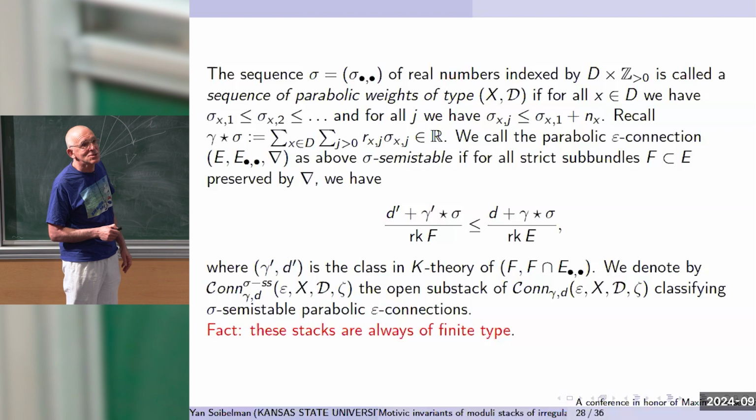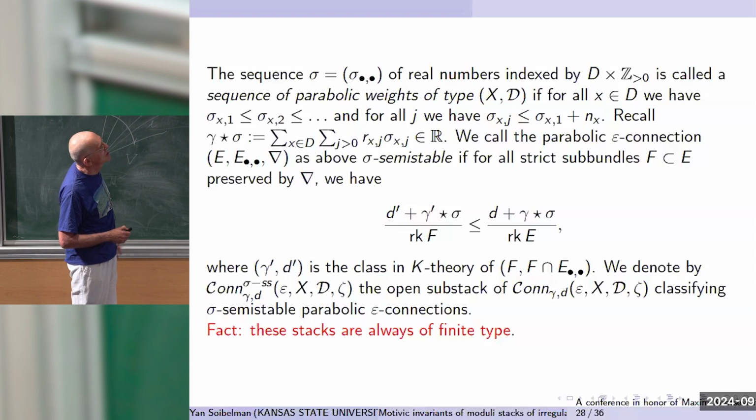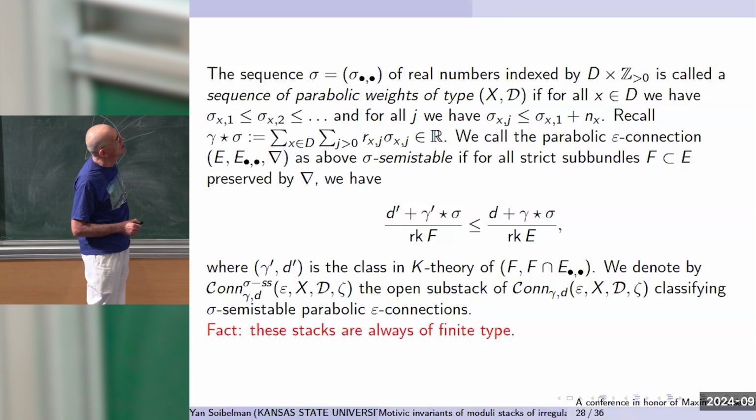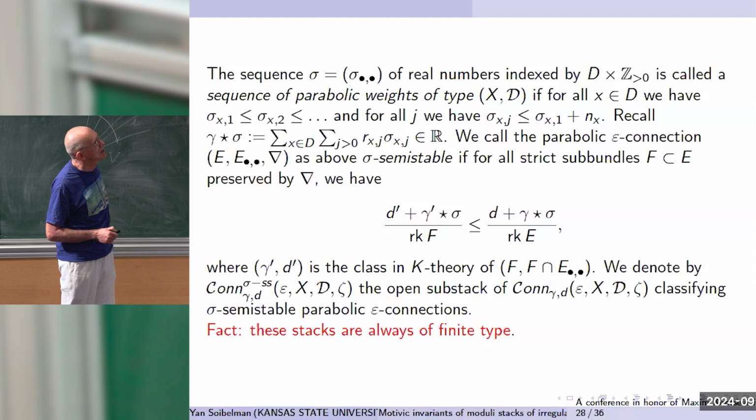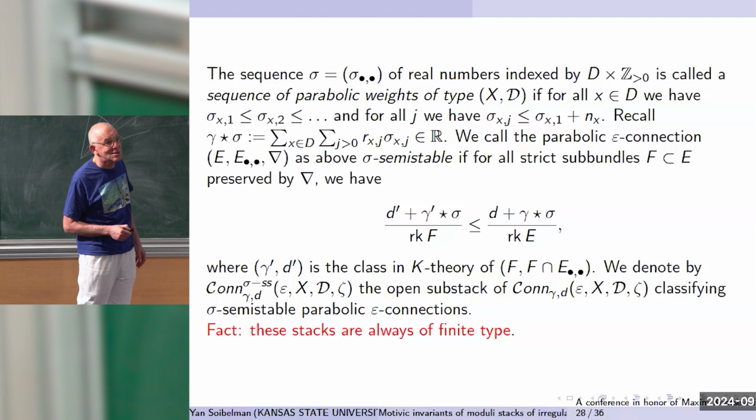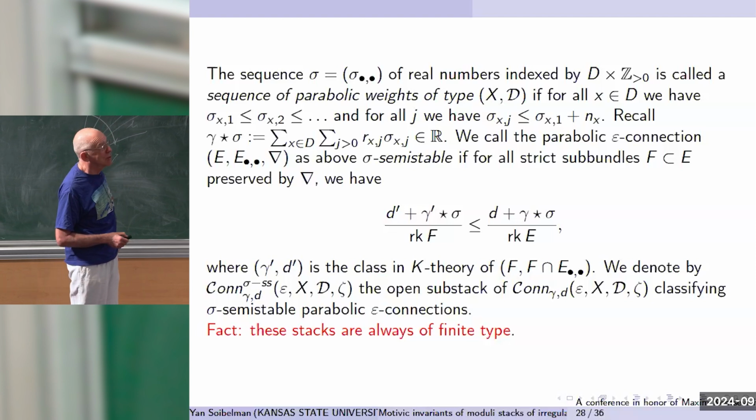So these are weights which you were asking for. These are real numbers. So this is star product of gamma and sigma, and so on. This is a definition which, in the case of complex numbers, coincides with what you know. Well, it's a slope definition in the irregular case.